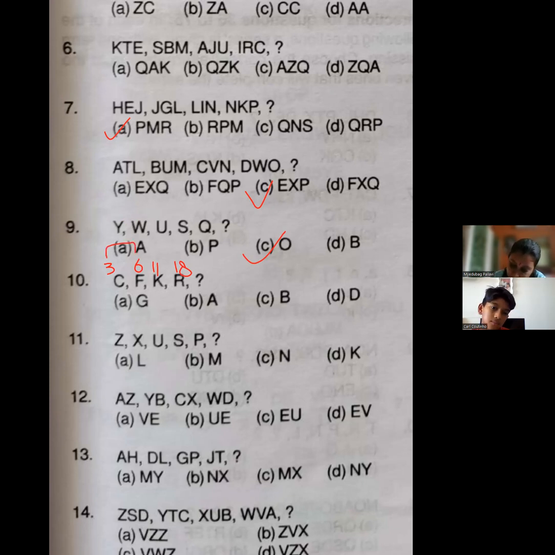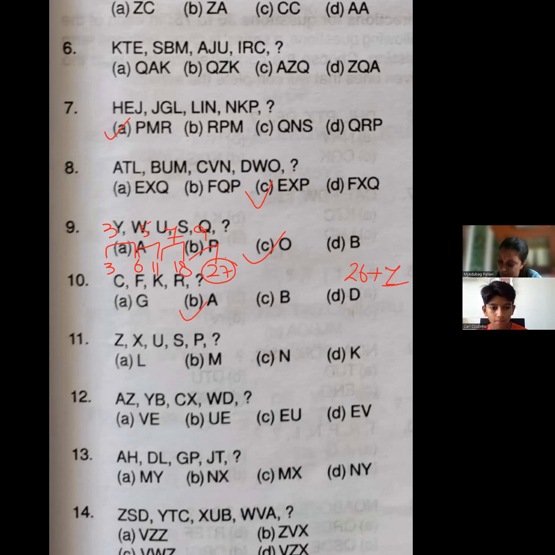Firstly the difference is 3, then it becomes 5, then 18 minus 11 is 7. So now it will be 3, 5, 7, so the difference will be 9. 18 plus 9 gives us 27, and 27 stands for which alphabet? Like A. For 26 we have Z. So 27 means after Z it will be A. Correct.